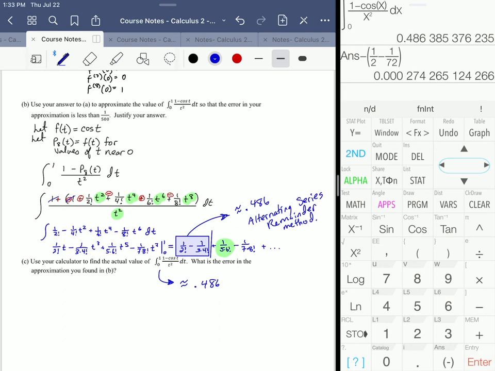All right. So the difference, so the remainder, or the error, is approximately 0.000274. You compare that to 1 over 500, we know it's definitely different. All right, so a very small amount of deviation, which is good.